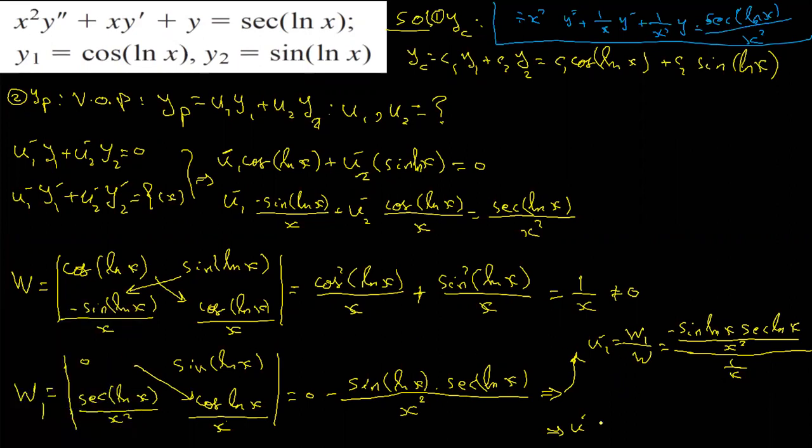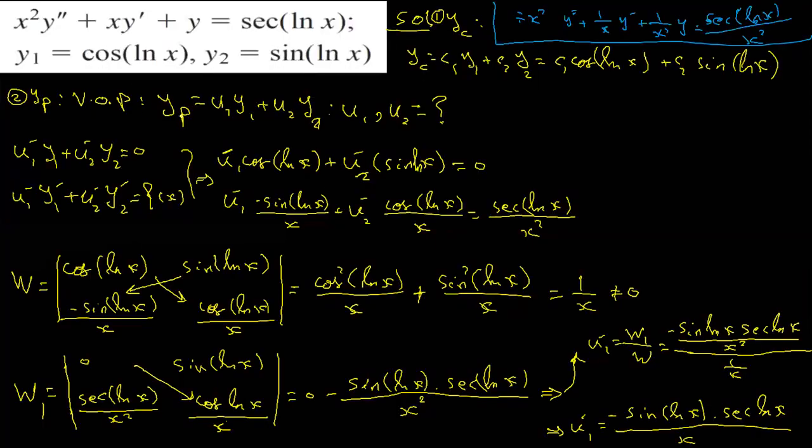So u1 prime is given to be negative sine ln x times sec ln x all over x. I'm going to a new slide to write it. So u1 prime equals. Can I write sine times sec as what?